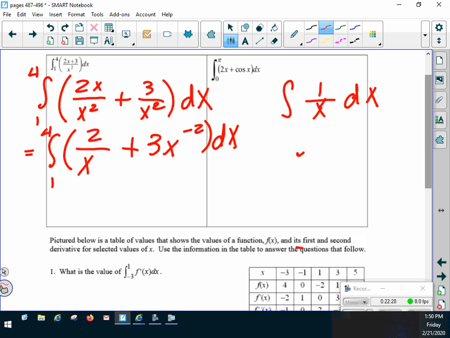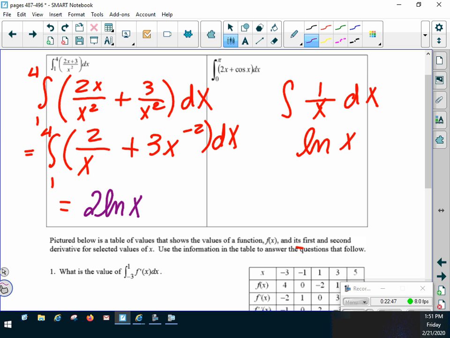Natural log. That's the natural log of x. So that's 2 natural log x. So this antiderivative is 2 natural log x.